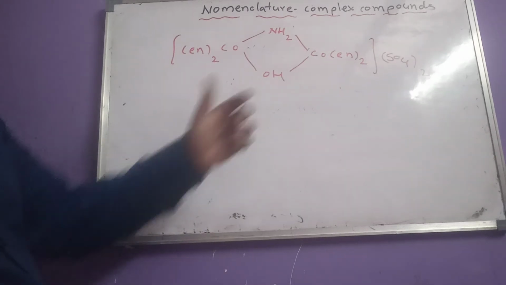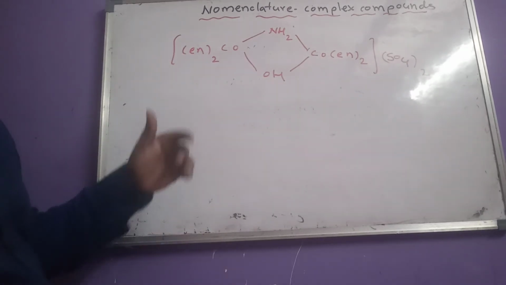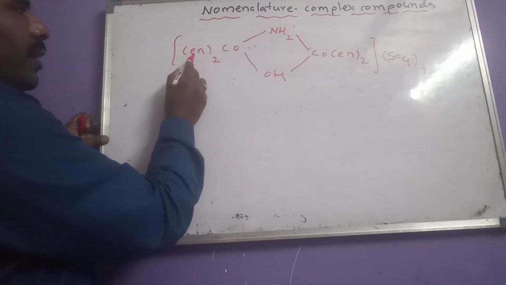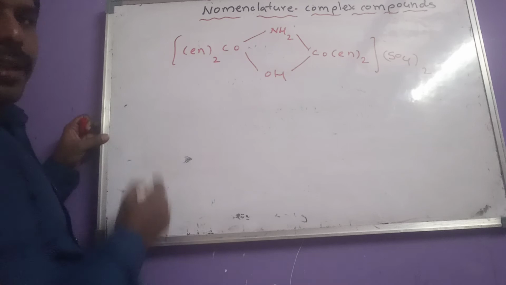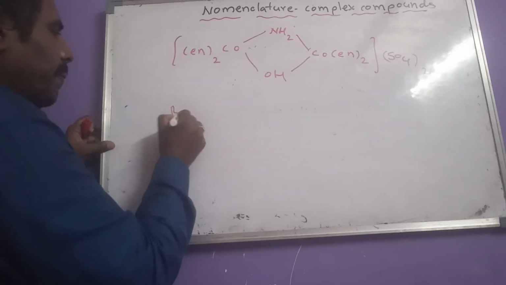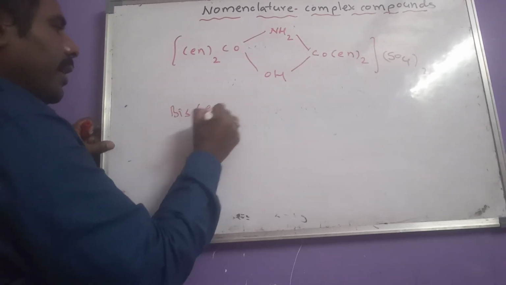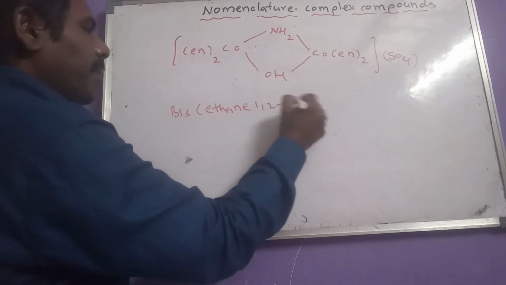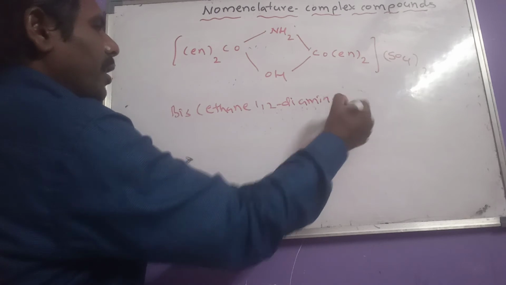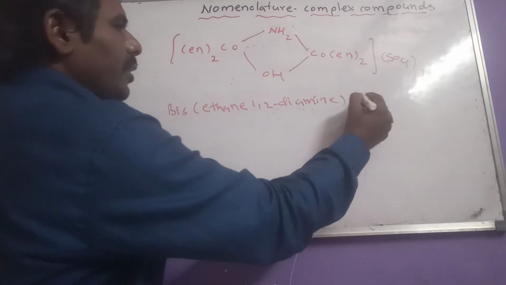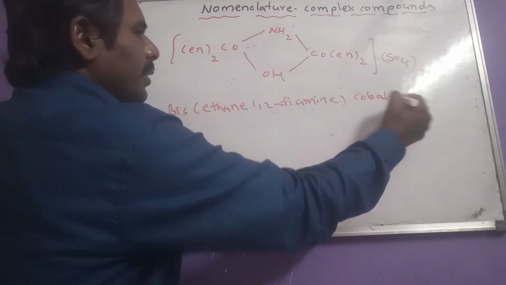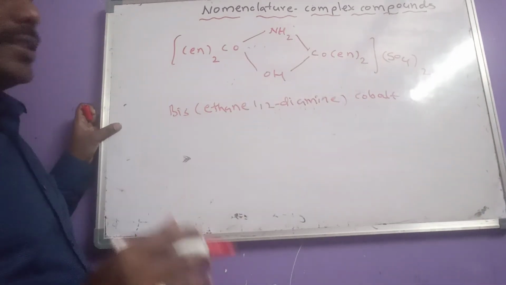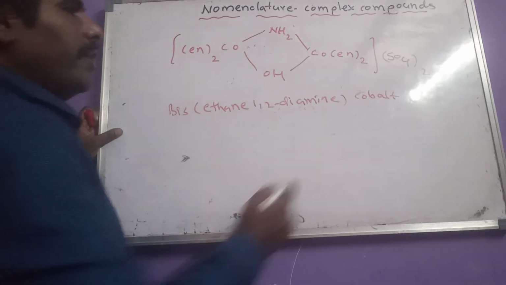To name such type of compound, how do we follow the order? See here, this is a complex ligand, so we have to name it as bis(ethane-1,2-diamine) cobalt, and then here this we have to name. But while naming the bridge ligands, what do we have to give its name here?